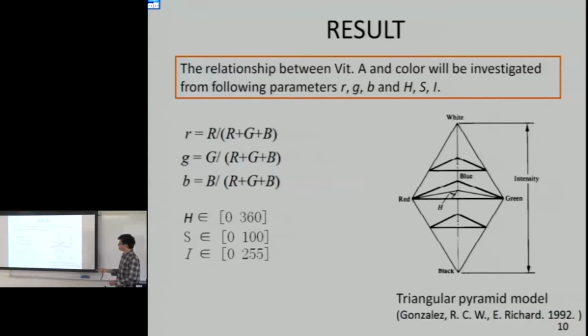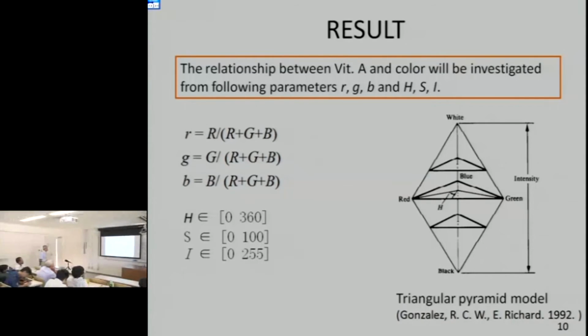But in this calculation, we didn't add the intensity value because this is the normalized red component ratio. So you did not do some statistical analysis to select which parameters actually highly influence your vitamin A?